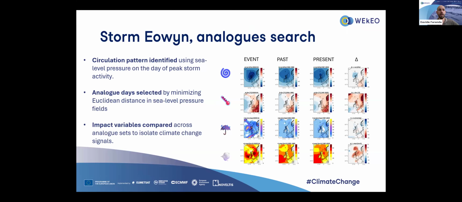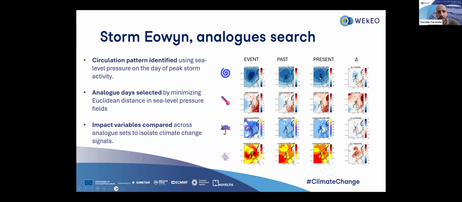So how does a Climameter work? We do an analog search. So you can see here for the top left panel, the sea level pressure anomaly. That is what we look for in terms of analogs for the storm Eowyn that occurred on the 24th of January 2025. So we select about 30 analogs in the past period, that for us is 1950-1986.